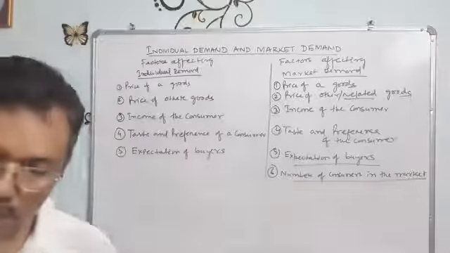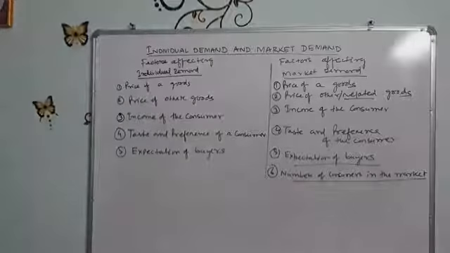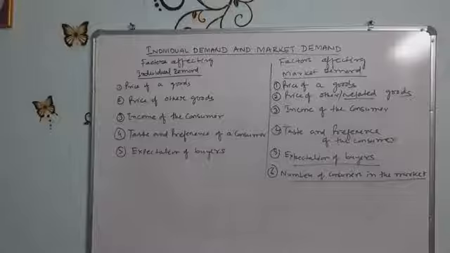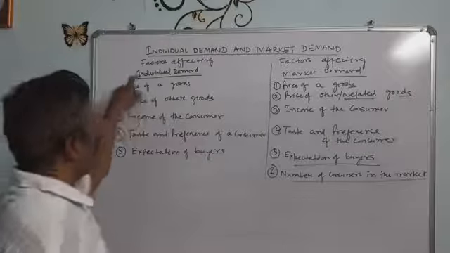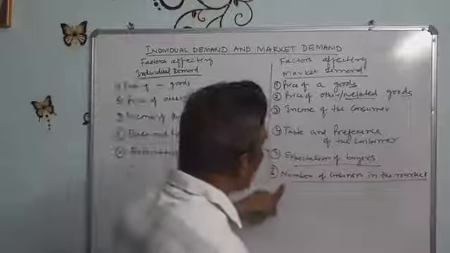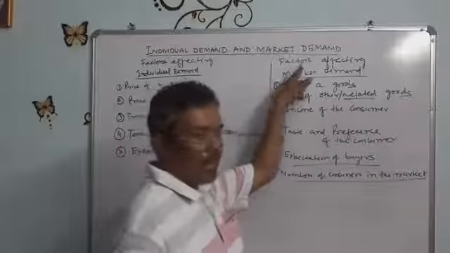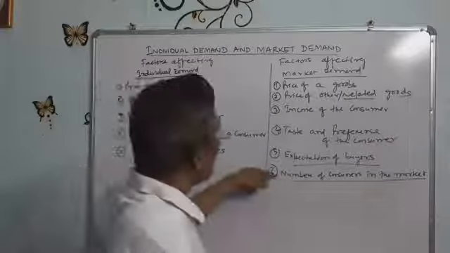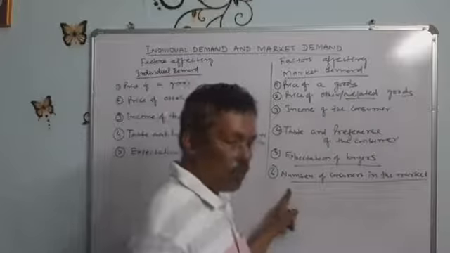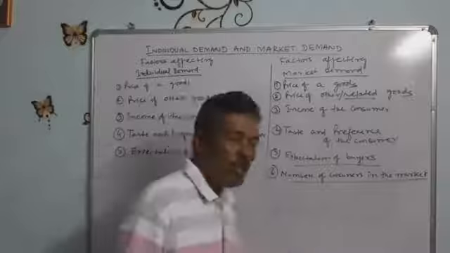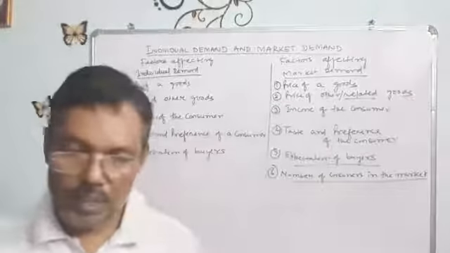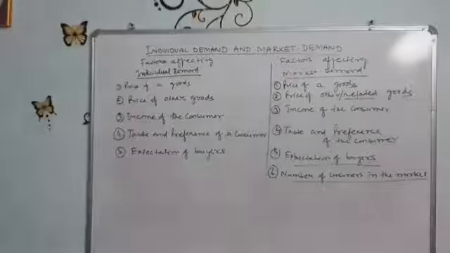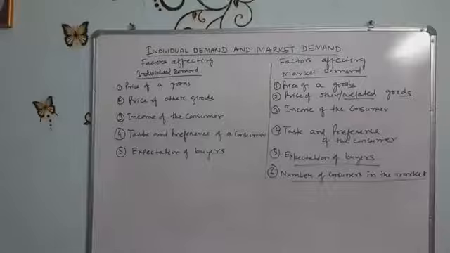It means the more consumers there are in the market, the more will be the market demand for the commodity. If the number of individuals is less, the demand of the market for a good will be less. If the number of buyers is more, they will demand more and more goods.